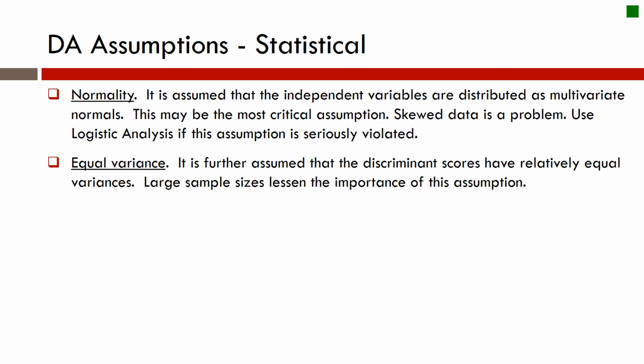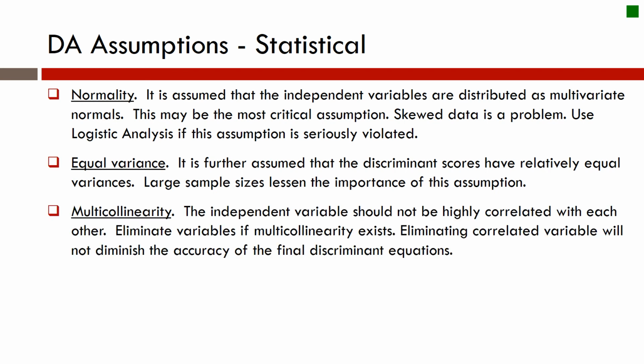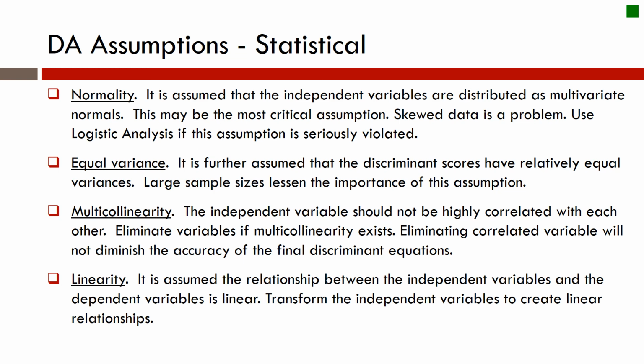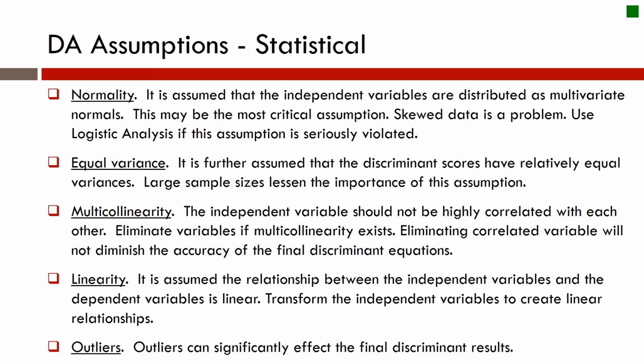Heteroscedasticity would be an issue when we think about equal variance across the independent variables, so we may check for equal variance issues, homoscedasticity, and multicollinearity. That's something we talk about fairly often, along with data being linear, as well as outliers that may exist, and you may also throw in missing data if it's a problem too.